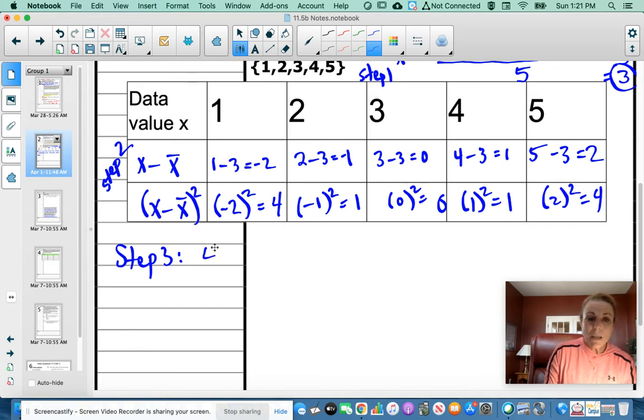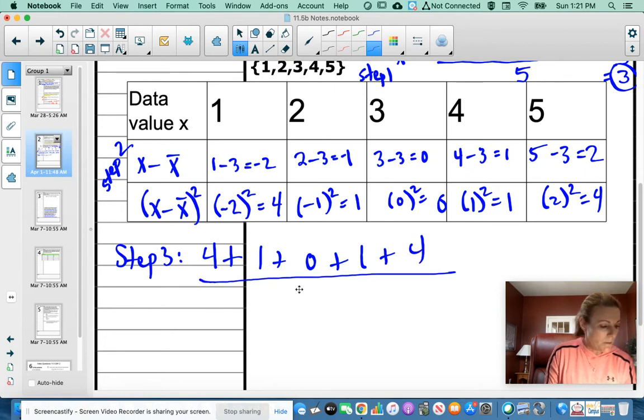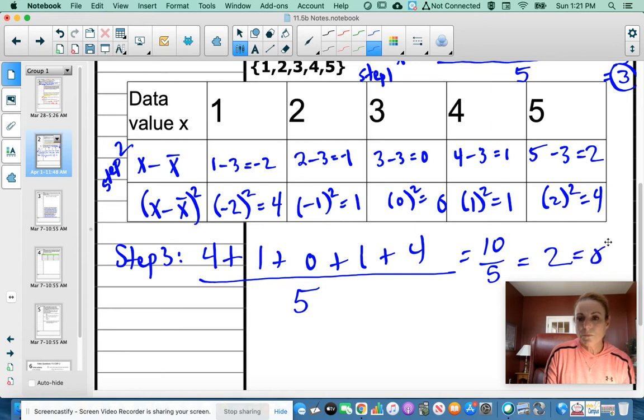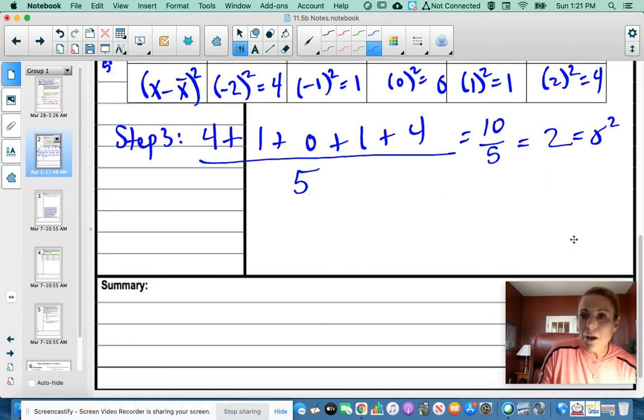So I'm going to take 4 plus 1 plus 0 plus 1 plus 4 and divide it by 5. Step 3 is going to tell me that that's 10 over 5, and that is 2. I just found the variance.